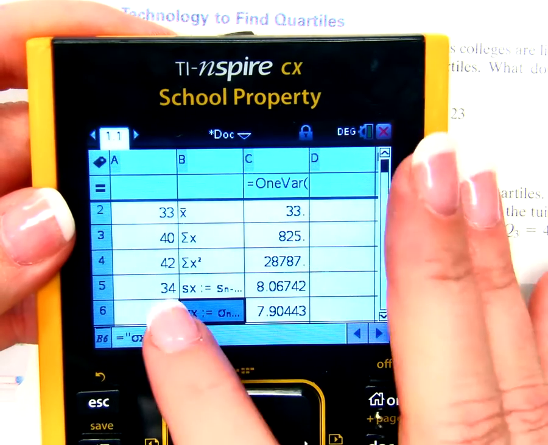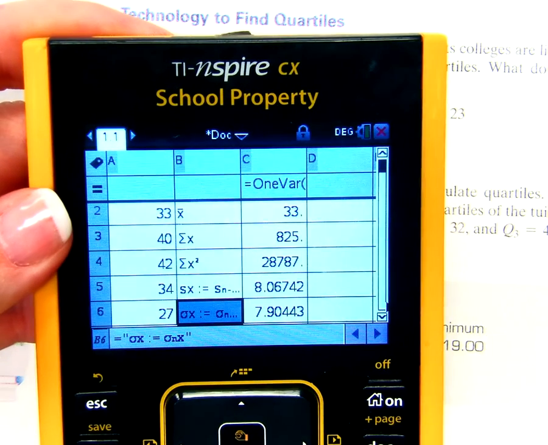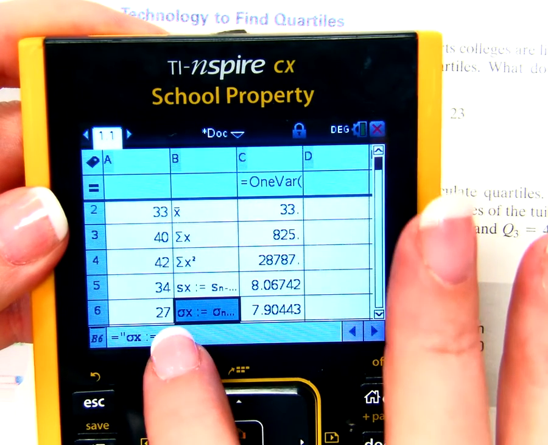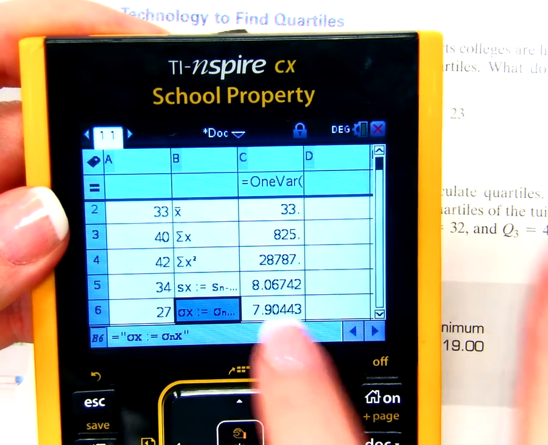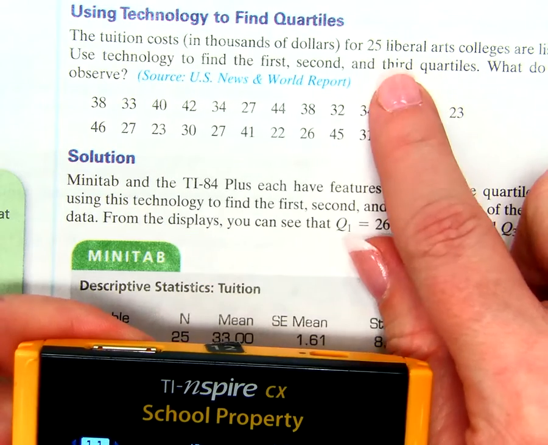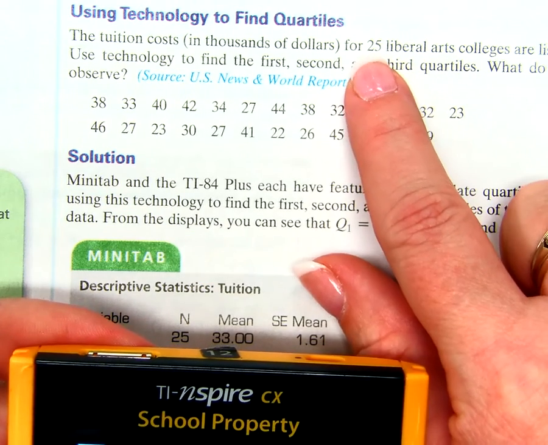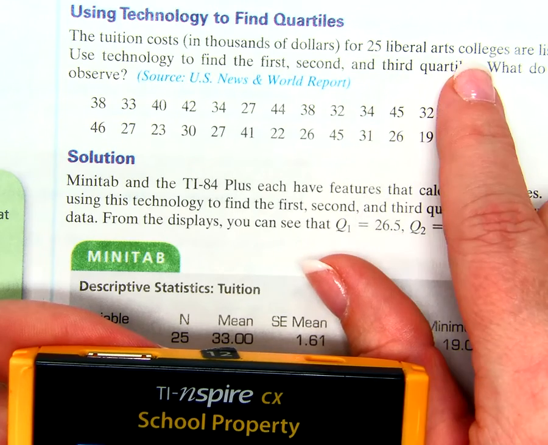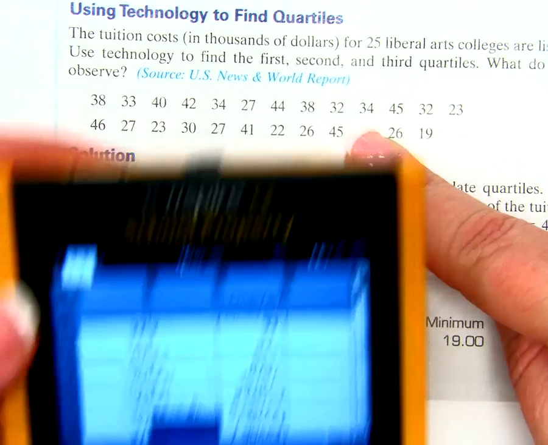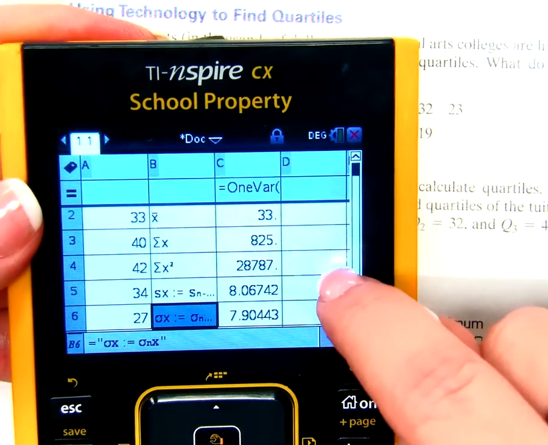Because s in our book at least says it's standard deviation for a sample, and this lowercase sigma x says standard deviation of a population, right? Now we know from our problem that there's not just 25 liberal arts colleges, so we know that this is a sample of the entire population. But I don't know how the calculator knows that.